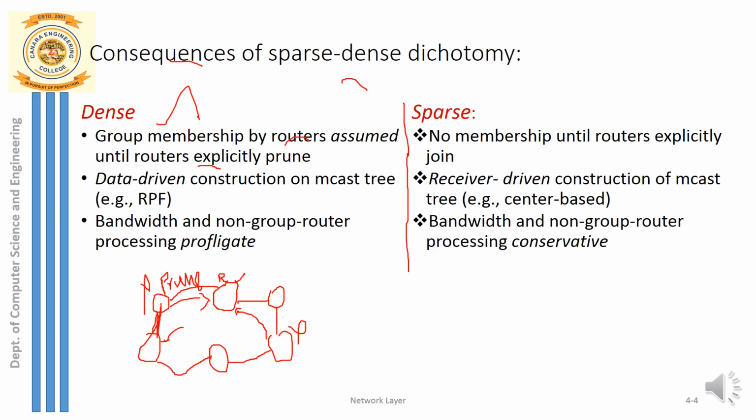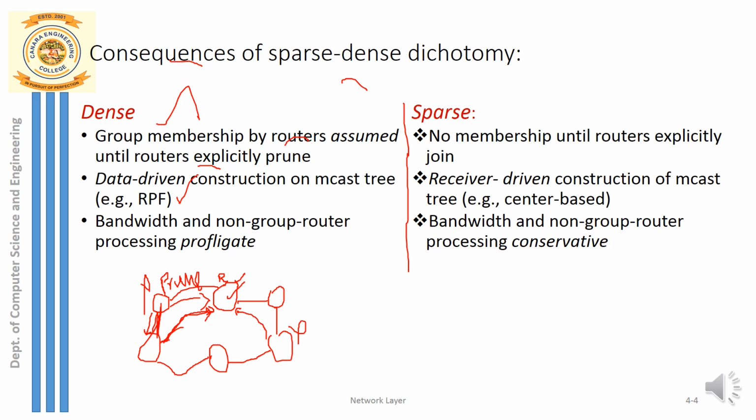In that case, this router will calculate the shortest path back to its source. Here, let us take the source as this router. Once it receives the packet, it will calculate the shortest path back to its source. If this is the shortest path, then definitely this router will accept the received packet. So you call that the RPF technique, reverse path forwarding technique, right?